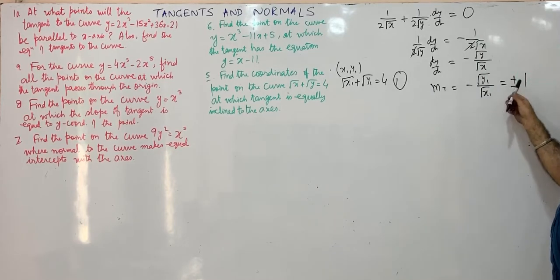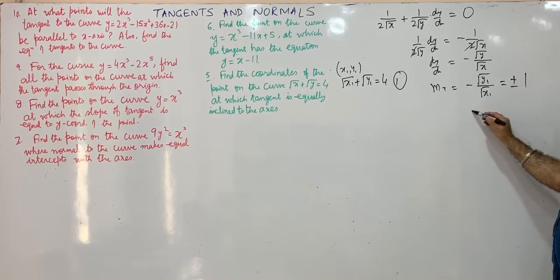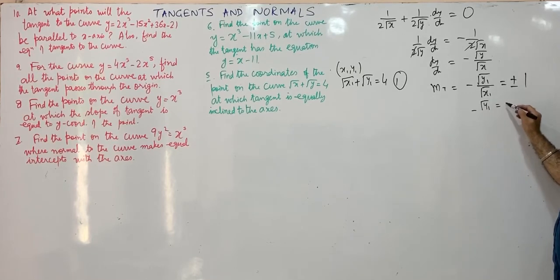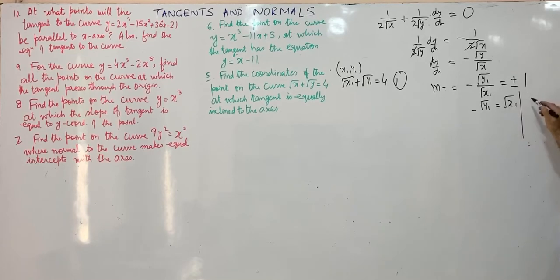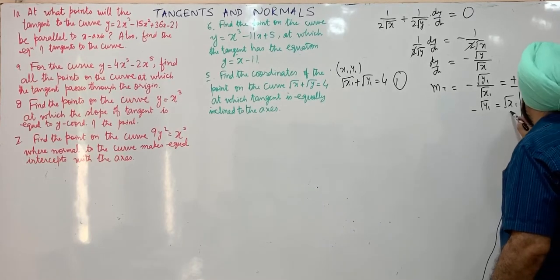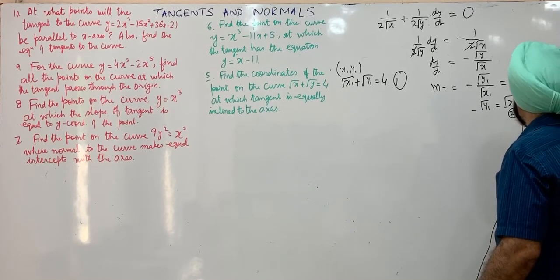Let us take the plus sign first. We get minus root of y1 is equal to root of x1. And when it's the minus sign, then we get minus root of y1 is minus root of x1, or root of y1 is equal to root of x1. So this is equation 2, this is equation 3.